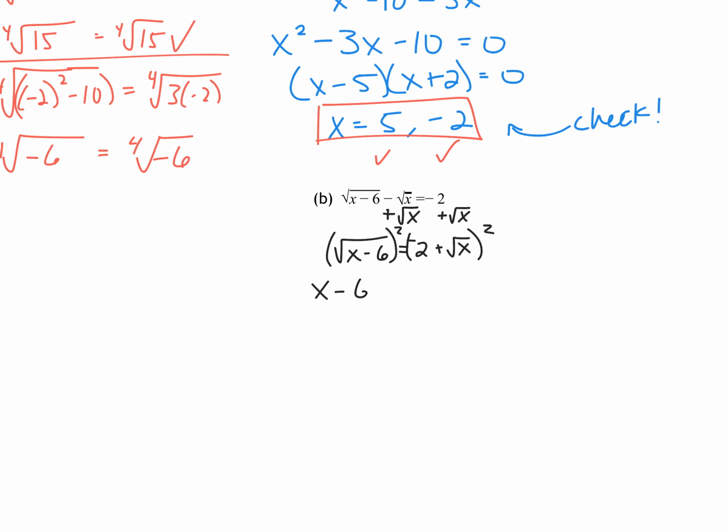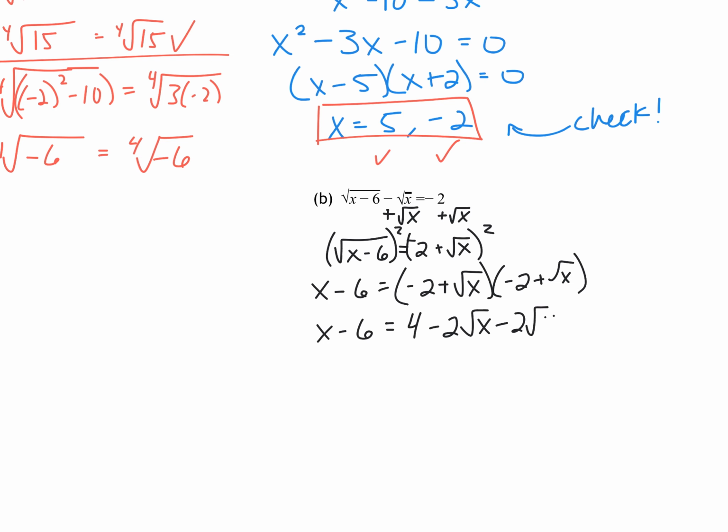X minus 6 equals -2 plus x times -2 plus x. So I have x minus 6 equals, let's see, that's going to be 4 minus 2x minus 2x and then plus x.